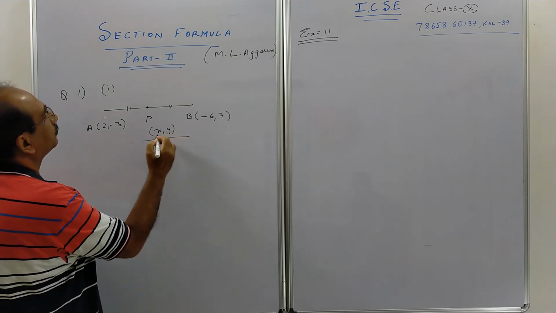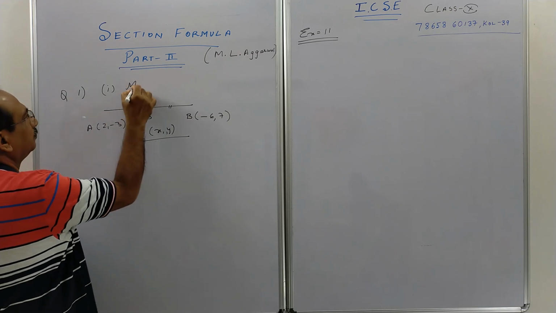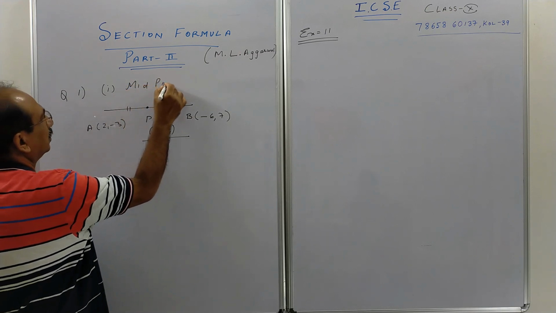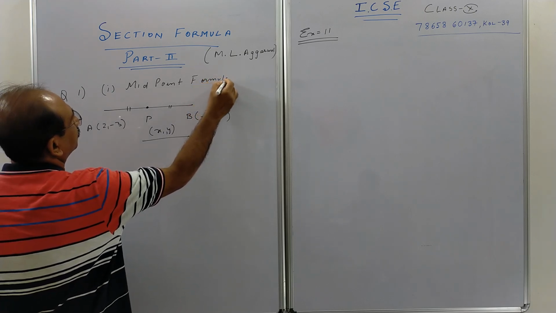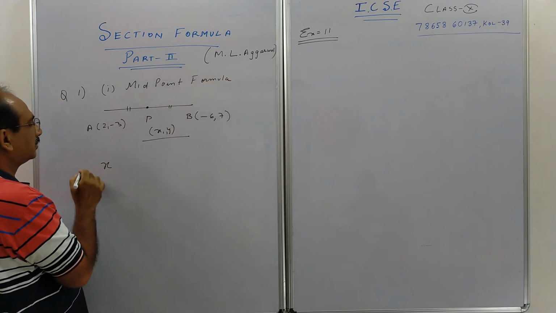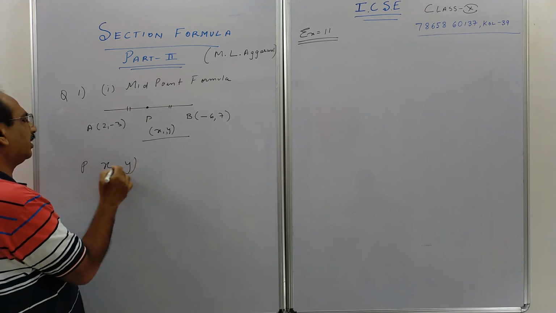So here, as we have seen, midpoint formula, not theorem children, that is in class 9. X, Y together we can get.